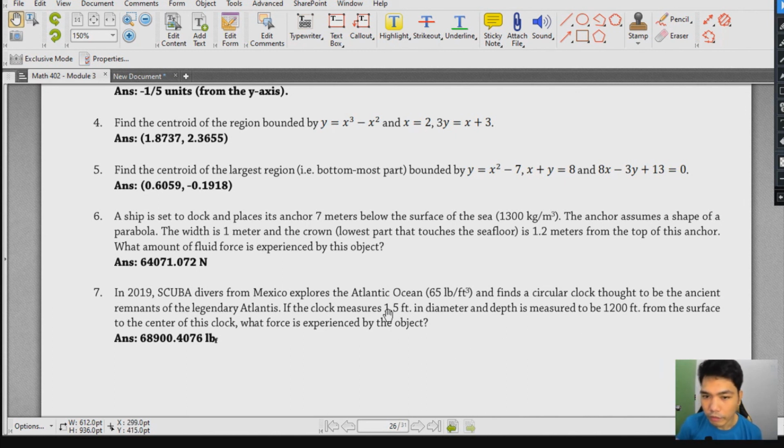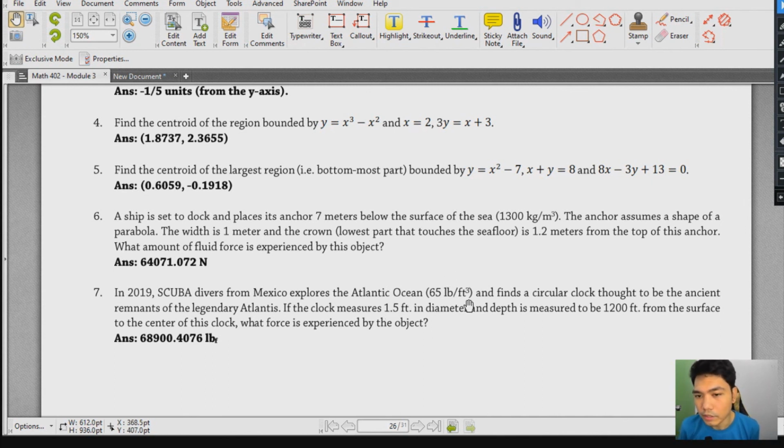It is 1.5 feet in diameter, so it's a circle. The concept is the same: you just determine your L sub y, which is the difference between these two points. Since it's a circle, you have to expect squared parts, so you add those two squares and take the square root. Then the depth would be 1,200 minus y, so you should be able to get the same result.